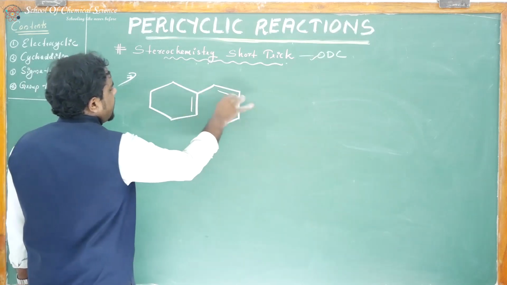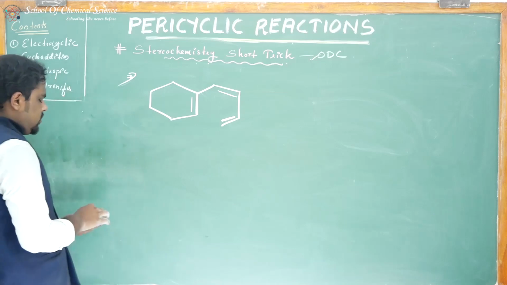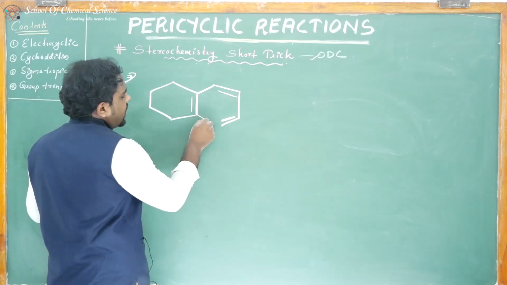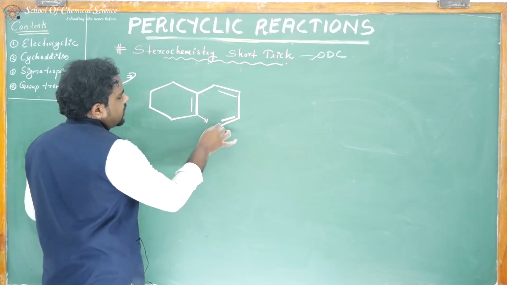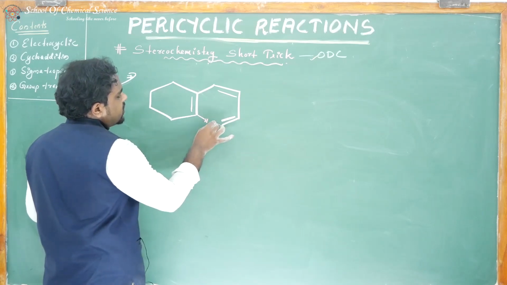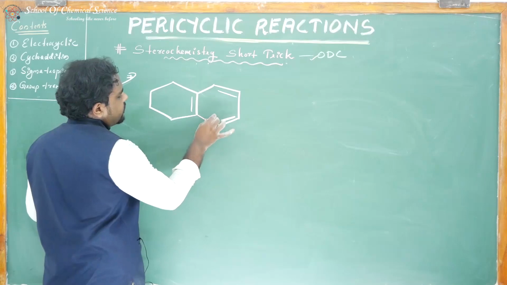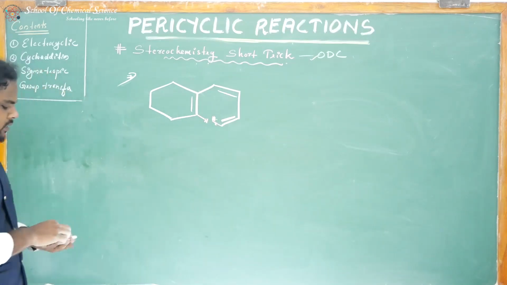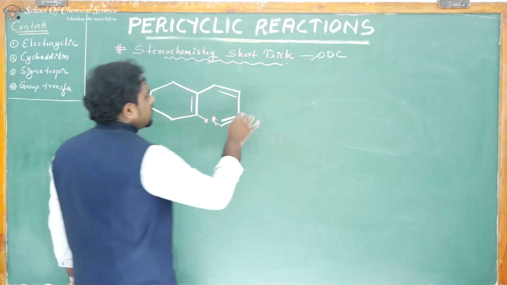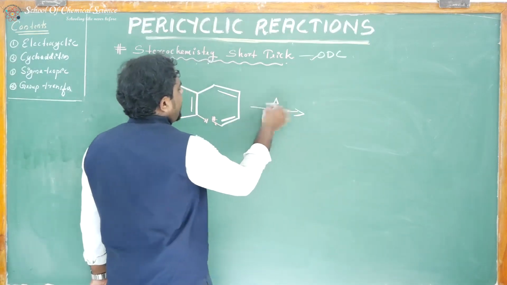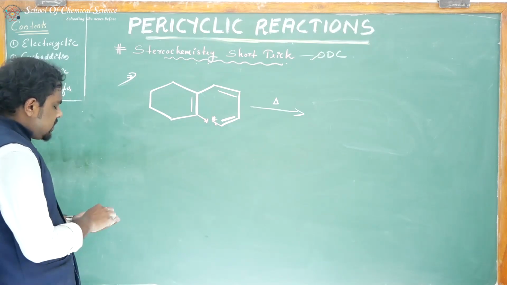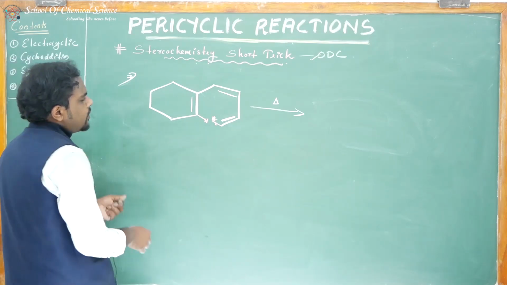Here a pi bond, here a pi bond, here a pi bond. Here a hydrogen is present. Here a hydrogen is present. Two hydrogens are present. Condition thermal. You have to predict the stereochemistry of these two hydrogens. What is the product?